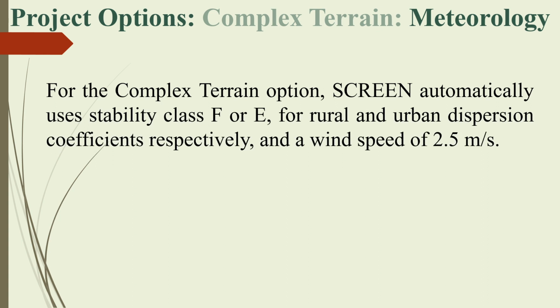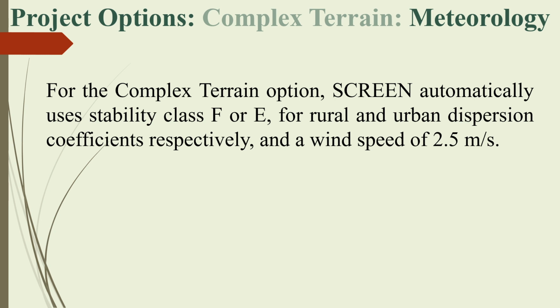Now, meteorology for the complex terrain options: SCREEN automatically uses stability class E or F for urban and rural dispersion coefficients respectively, and the wind speed is 2.5 meters per second.